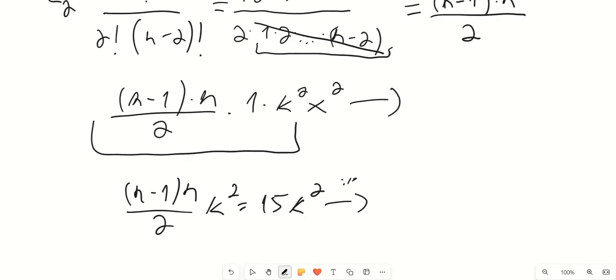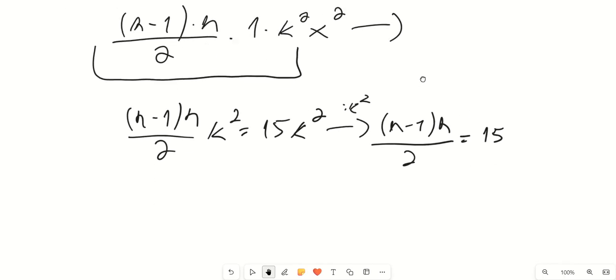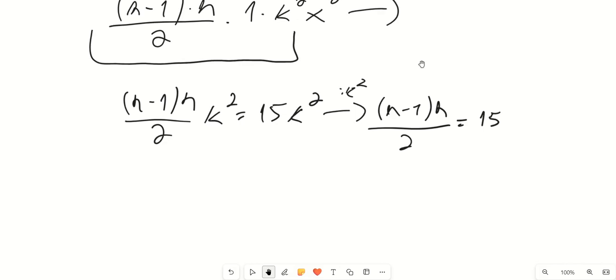I can divide by k squared, and I get that n minus 1 times n over 2 equals 15, and if I do the multiplication, this is n squared minus n minus 30 equals 0. This is a quadratic equation in n.